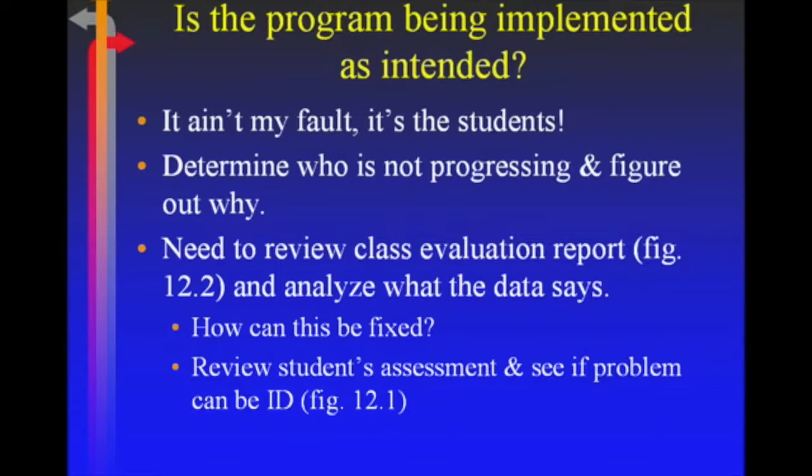Now on page 266, you'll see figure 12.2. We need to review the class evaluation report and analyze what the data says. This is a grade report for the different objectives, and the one the textbook points out is the tennis serve.